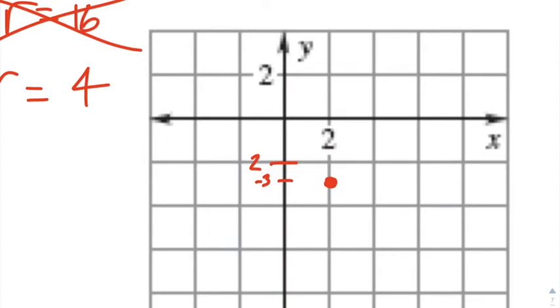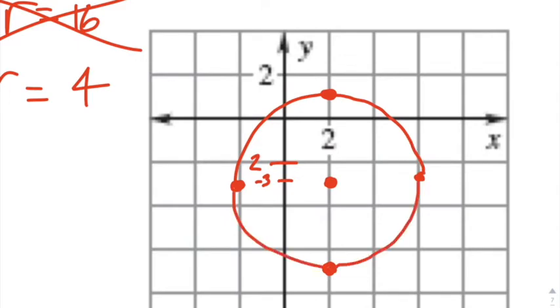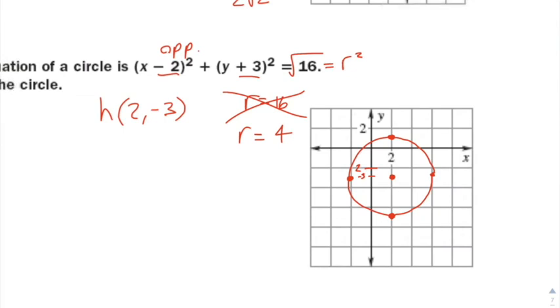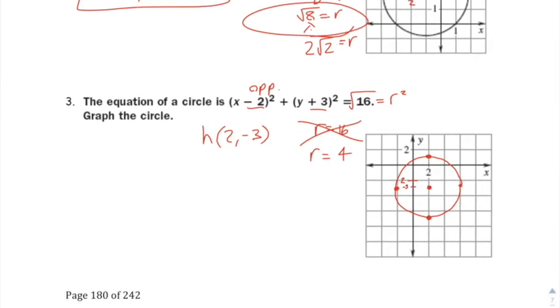So let's get that going. Up, truly 4, down 4, right 4, and left 4. There we go. There's your circle. So just kind of be careful. But really, the only thing y'all usually mess up is the radius part. So just be careful. And then opposite signs.